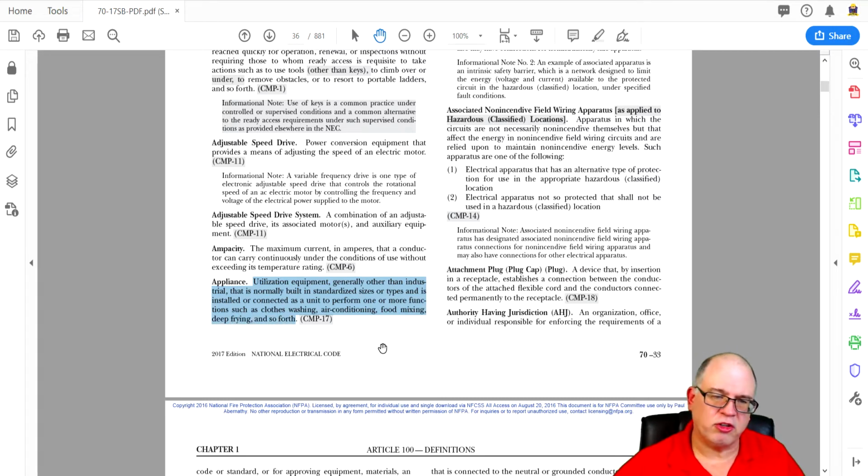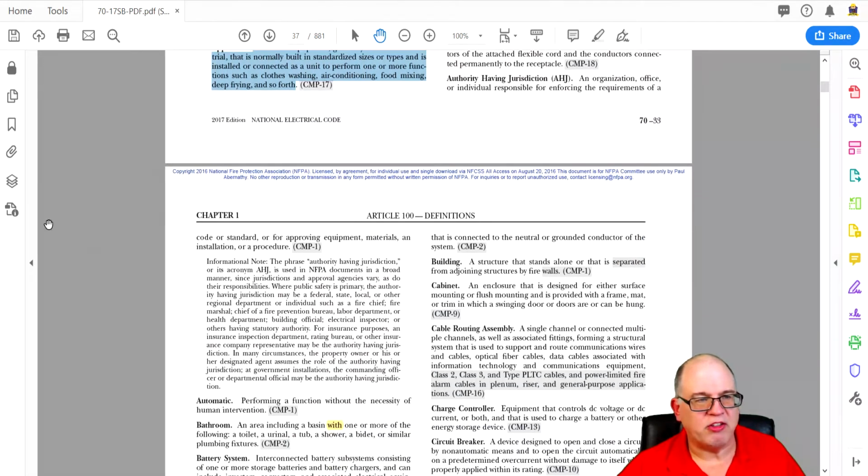But it's utilization equipment, all right? The terms such as that are not all inclusive, okay? There's stuff that performs as utilization equipment, and we have a definition of utilization equipment that tells exactly what an actual appliance may be, by the function, okay?